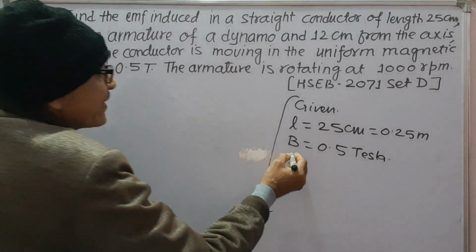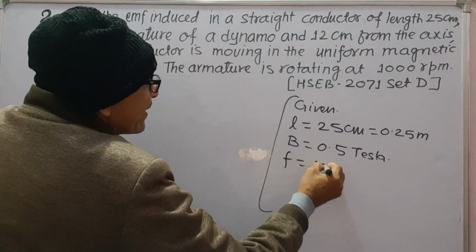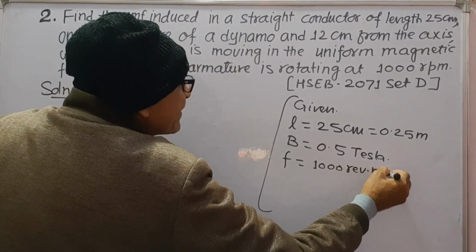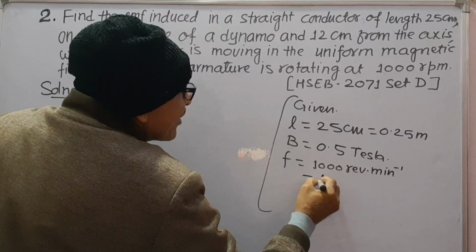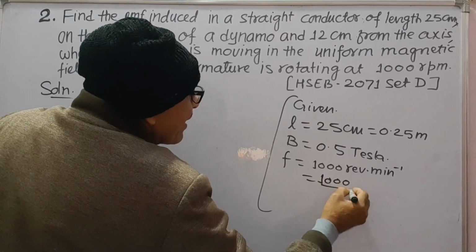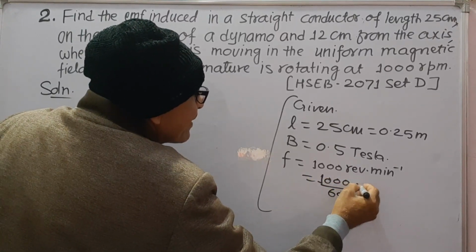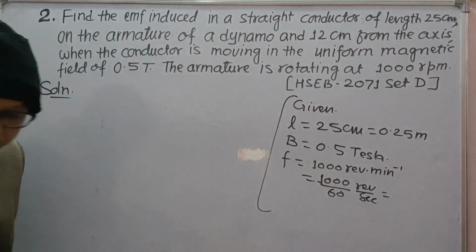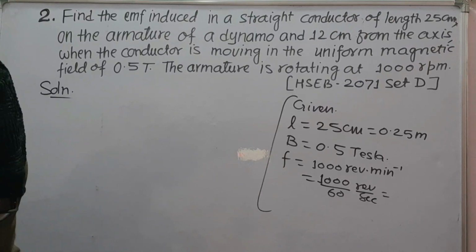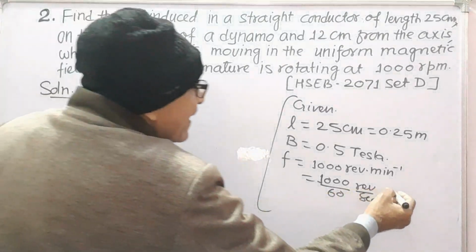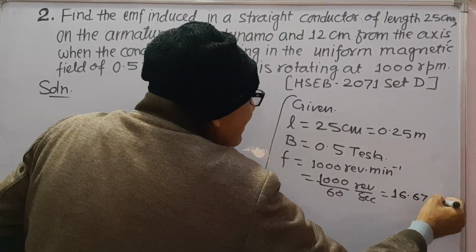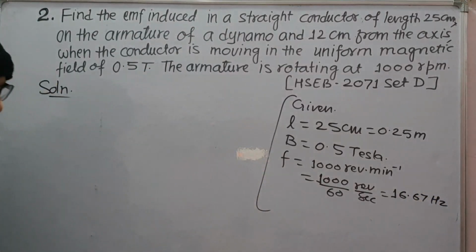The frequency of armature is 1000 revolution per minute, which is 1000 upon 60 revolution per second, which gives 16.67 revolution per second or hertz.